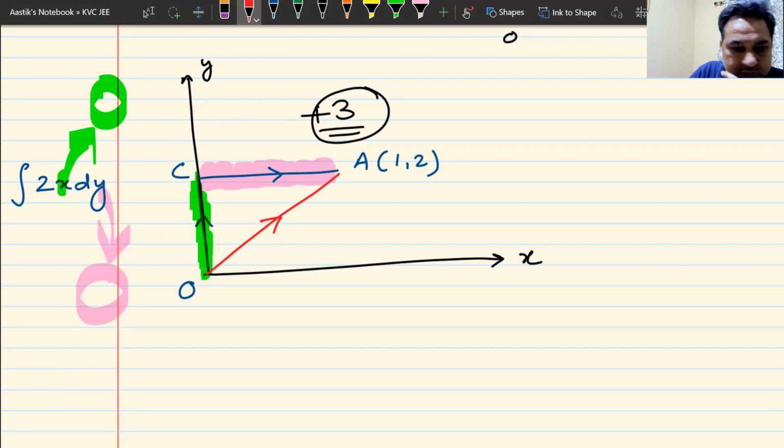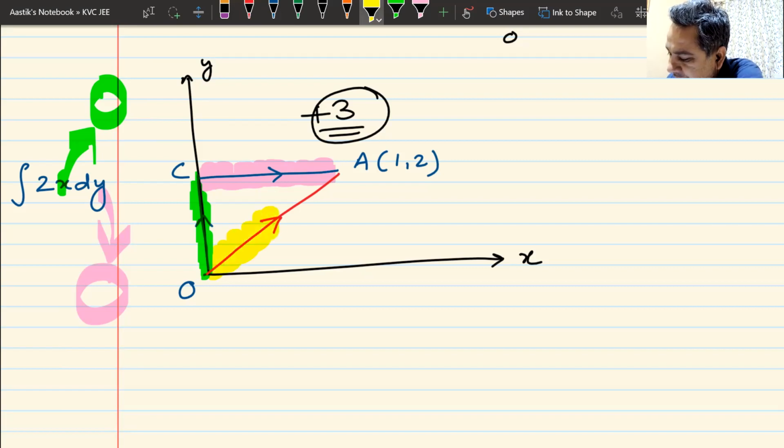Sir, I have got the answer of -1. You have got the answer as -1. May I know how you have done this? Yellow path. In the yellow path again, I have to calculate delta W. Sir, for me, it's +1 joules. +1 and -1.